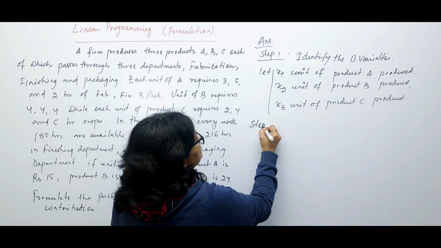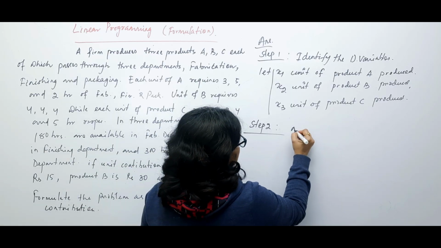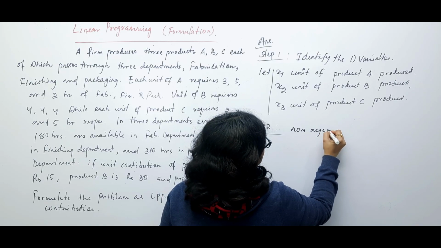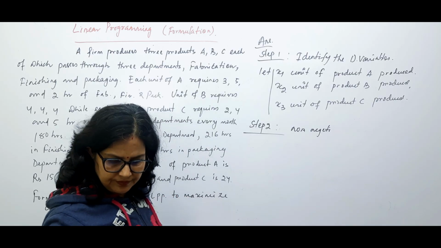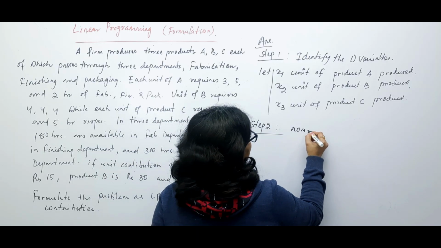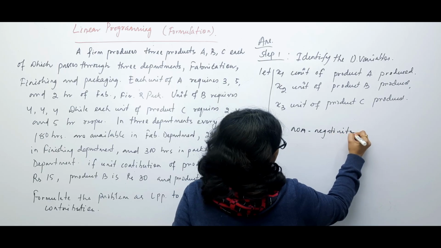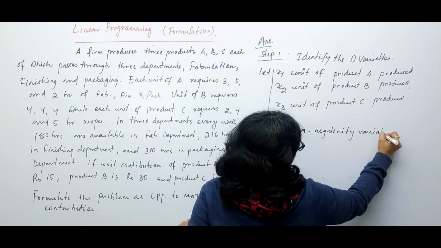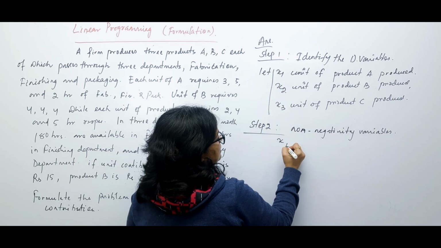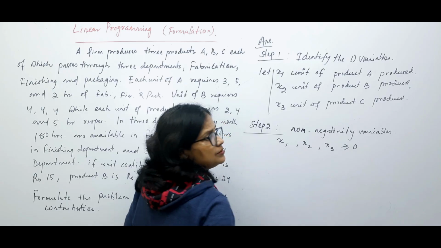Step 2 is non-negativity variables. x1, x2, x3 are always greater than or equal to 0.